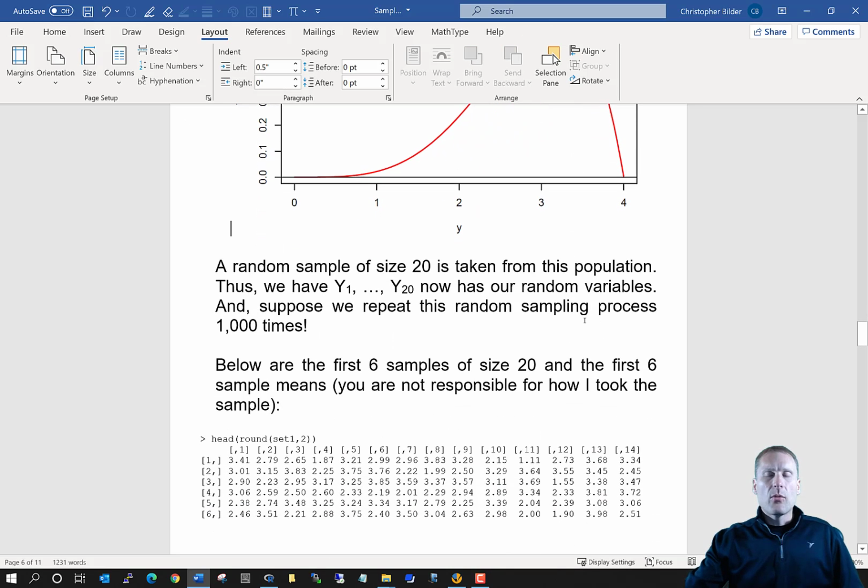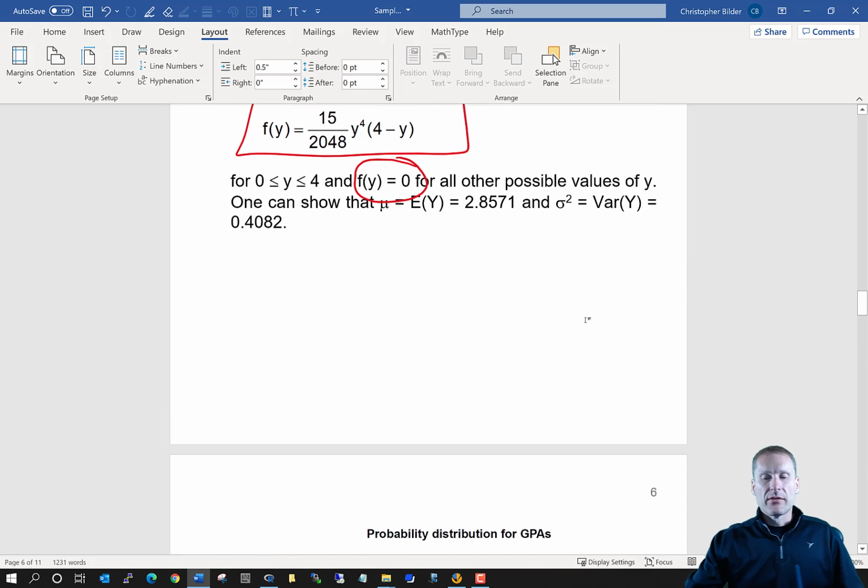Well, let's say that we want to take a random sample of size 20 from the population. What that means is that we have y1 through y20 as our random variables. Each of these random variables has this corresponding probability distribution associated with it because it's coming from the same population.